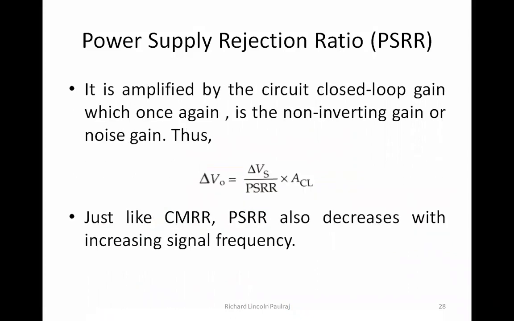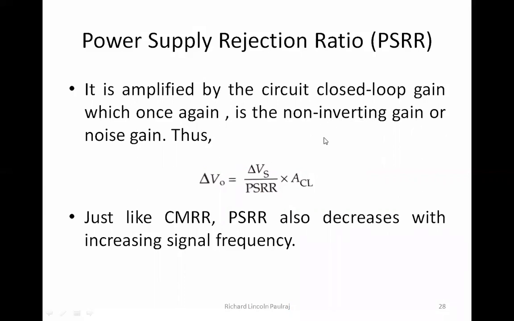So moving on, how do we calculate power supply rejection ratio? It is amplified by the circuit closed loop gain, ACL, which once again is the non-inverting gain or noise gain.